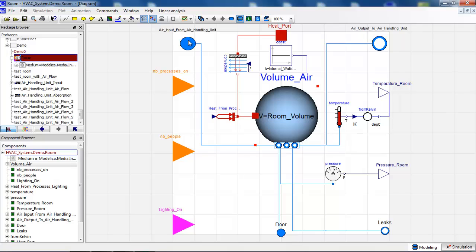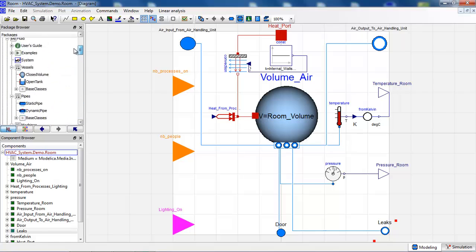I will also add some interfaces or ports to exchange air between my room and, first of all, the input of air from the air handling unit, the output of air to the air handling unit, but also some leaks here and some exchanges of air through the door, which can be opened by an operator in the room.